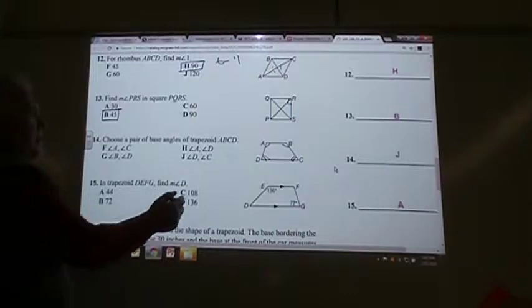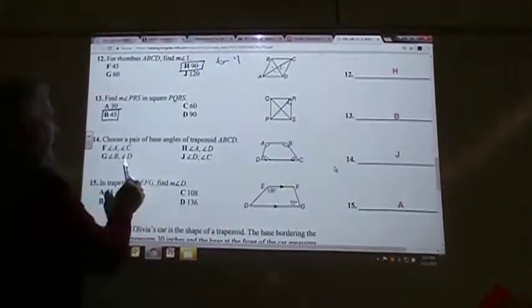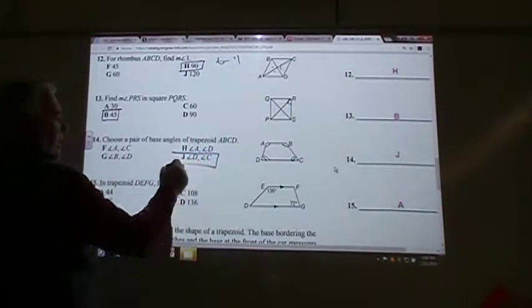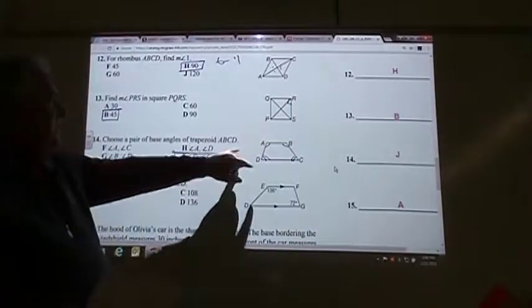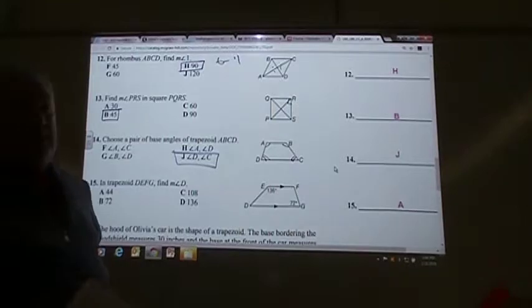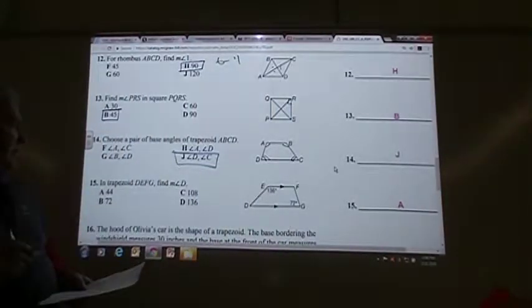So it's going to be A and B or C and D. And we don't have any pair except for those. D and C are the pair. A and D aren't, A and C aren't, and B and D aren't. Okay? Just the D and C for base angles.